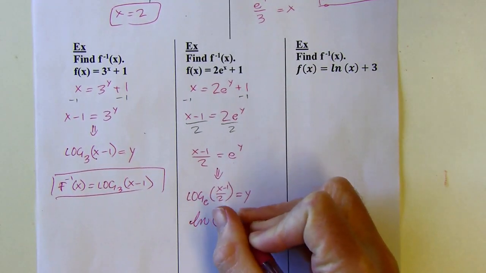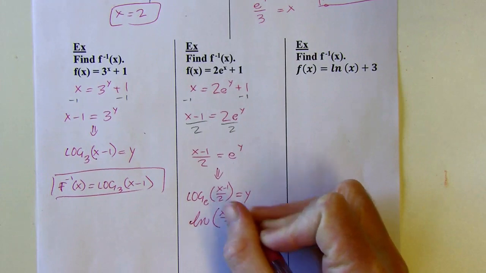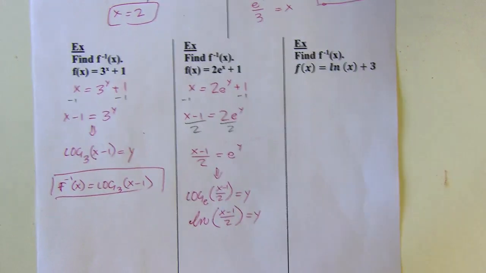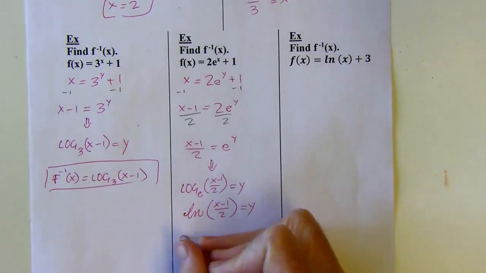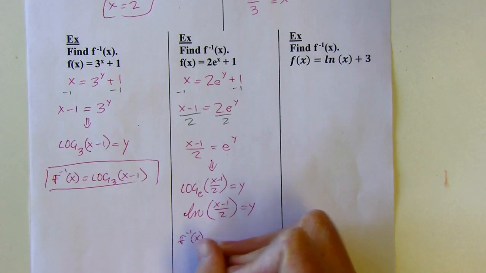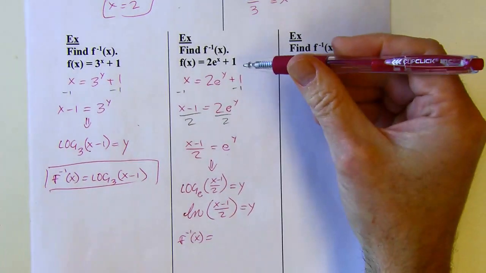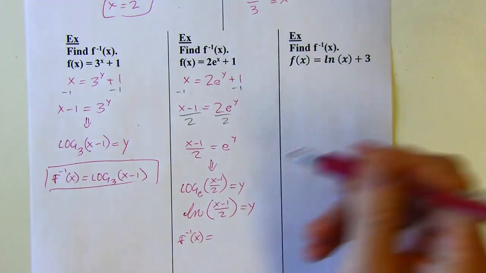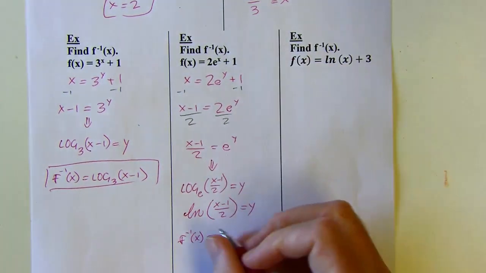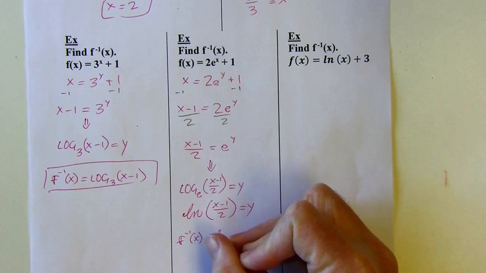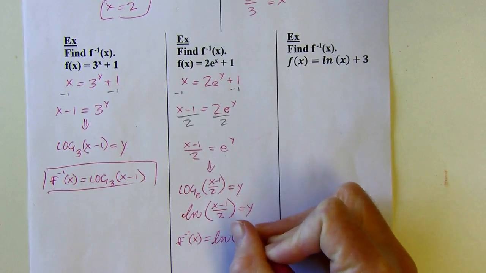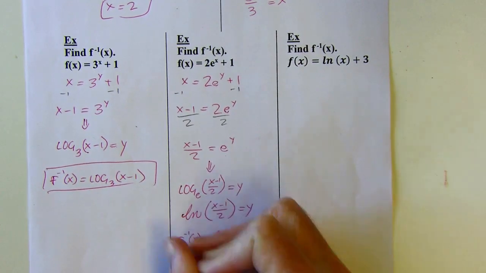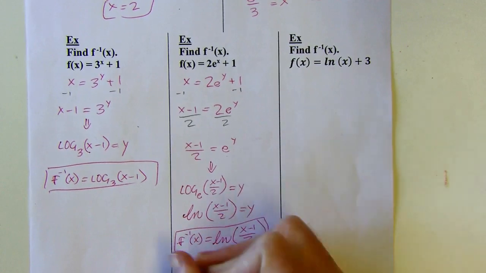So I wouldn't want to leave it as log base e in an answer. It's going to equal this. So the moral of the story here is that when you've got e raised to the x, and you take the inverse, you're going to end up with a natural log. Just put it back in function notation there.